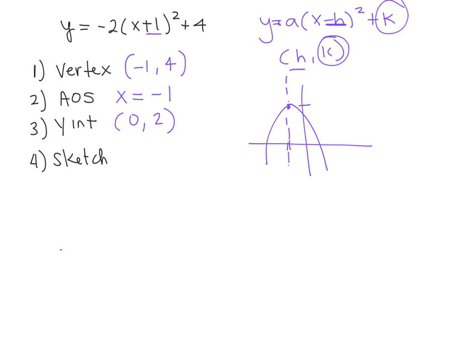We have x and y axes. Vertex is at negative 1 and 4. Y-intercept at 0 and 2. And we know that this graph is concave down, so it will look like this.